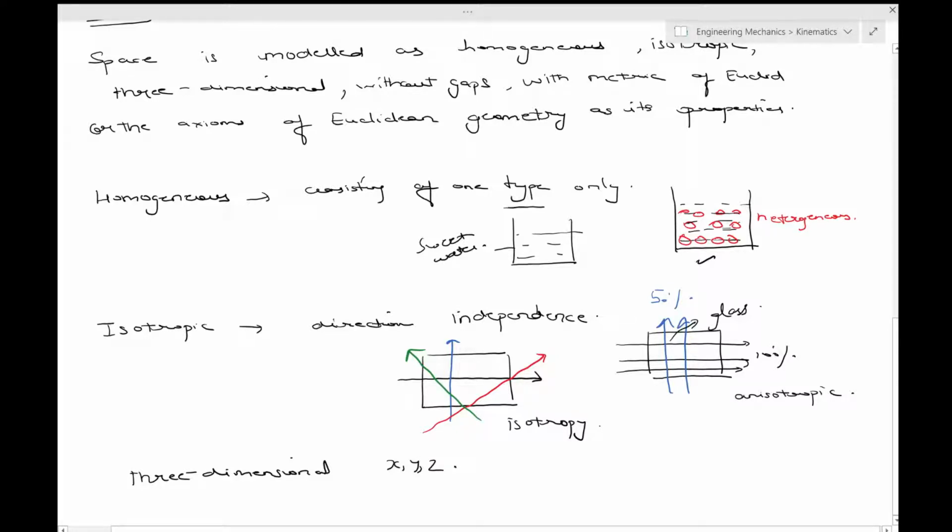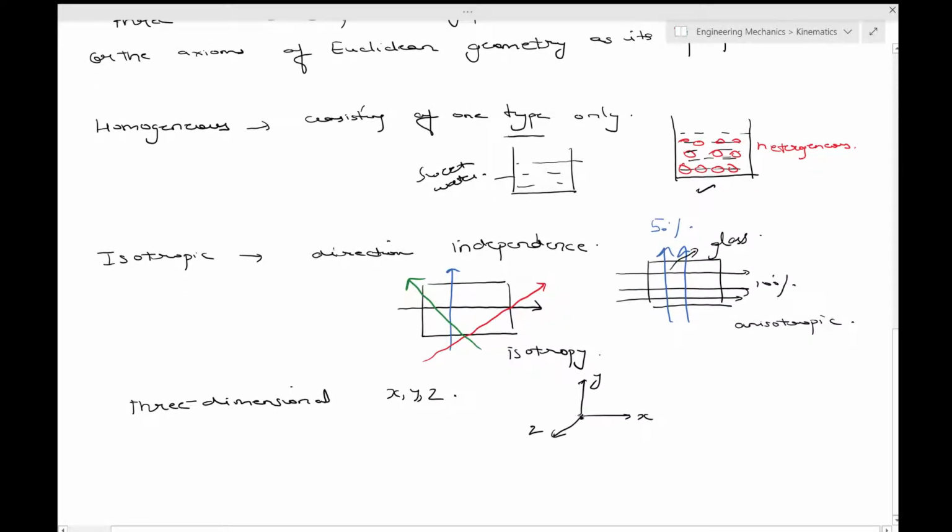Look at any floor corner of the room and make that the origin. Once you make that the origin, you should be able to visualize a three-dimensional coordinate system over there, say x, y, and z. That's your origin clearly.